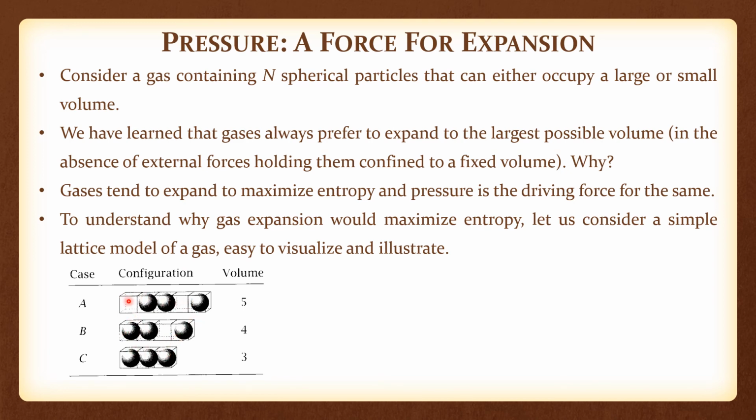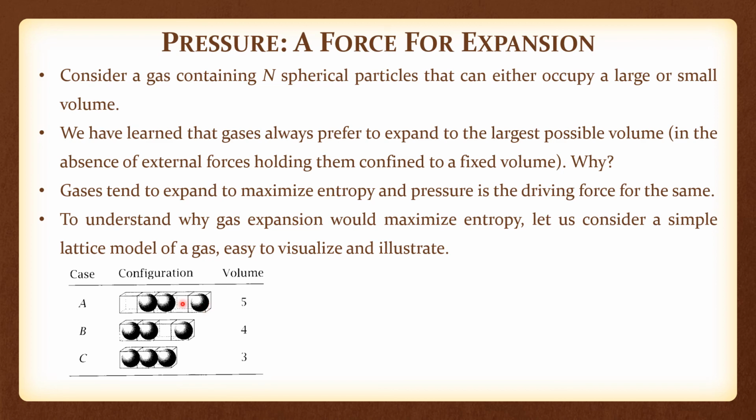So you can think of these as slots. So there are how many spherical particles in all these three scenarios? There are three spherical particles. But there are three slots in which three spherical particles are put. Here in case B, there are four slots in which three spherical particles are put. And in case A, there are five slots in which three spherical particles are placed, right?